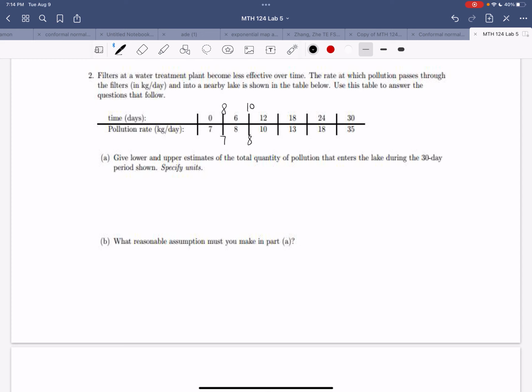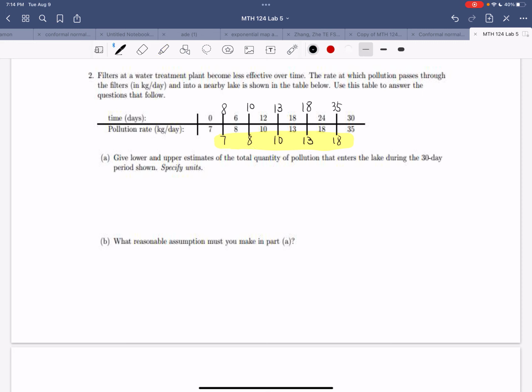The others are similar, either 10 or 13, either 13 or 18, or 18 or 35, right? Okay, let's take this possibility and calculate using this data here.